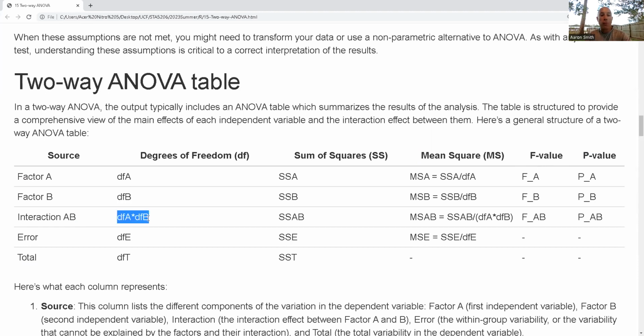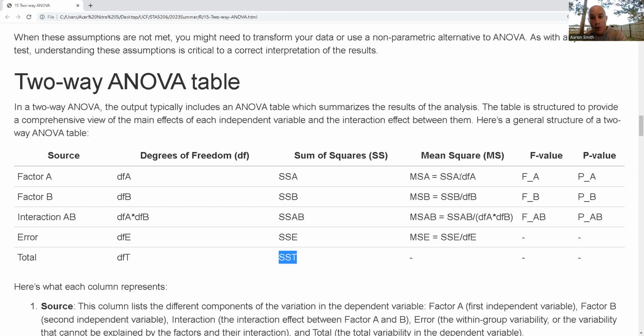Interaction degrees of freedom will be the product. We'll have degrees of freedom of the error and degrees of freedom of the total. Here we're going to take the sum of squares deviation from the main effect sample, just one variable considered for the average. For here and here, main effects. Here's the interaction sum of squares. Here's my sum of squares error, sum of squares total.